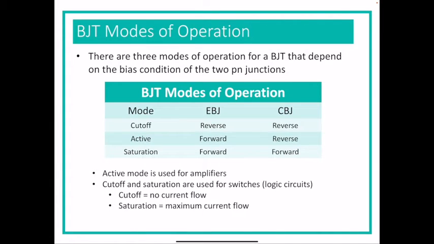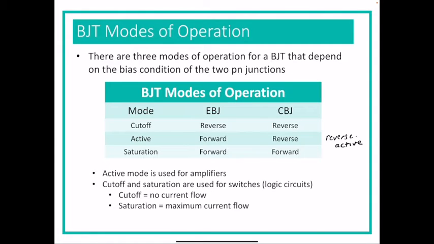When we get to looking at them, you'll notice the modes include both junctions being reverse biased, or the emitter-base forward and the collector-base reversed, or both forward. You'll notice there's actually not a reverse-forward option. Reverse-forward would be called reverse active, because it would reverse the conditions of the active mode, and that's something that technically could be done but isn't.